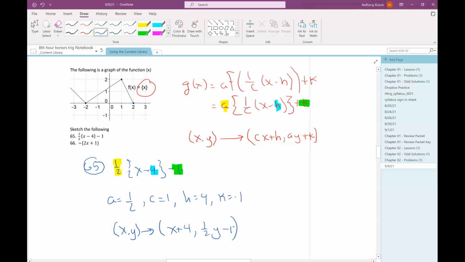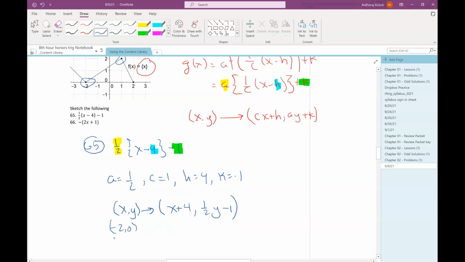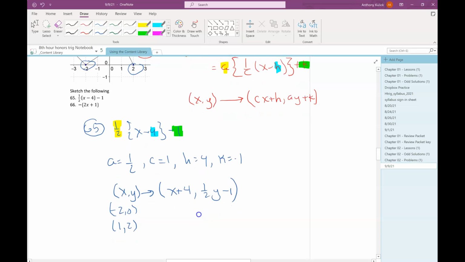And then I'm just going to use a few of the key points from my graph and transform them and then connect some dots, okay? So I have this one, -2, 0. I have this one, which is 1, 2. And I have this one, which is 2, 0.